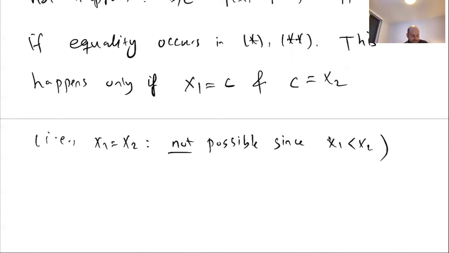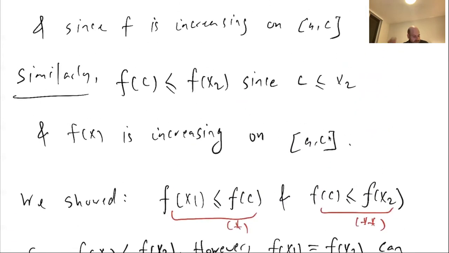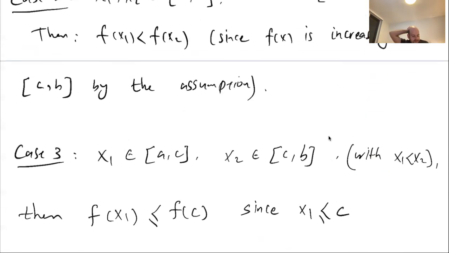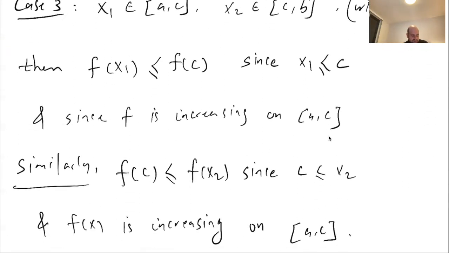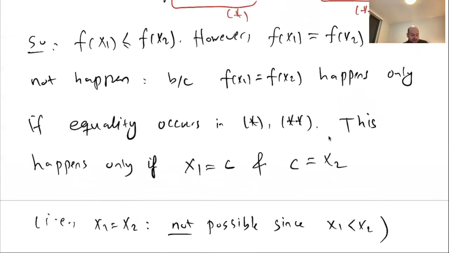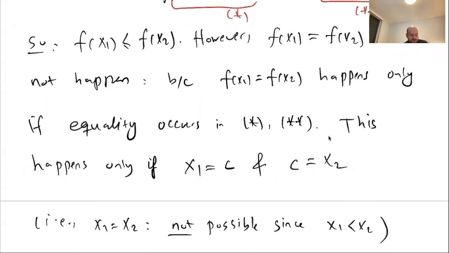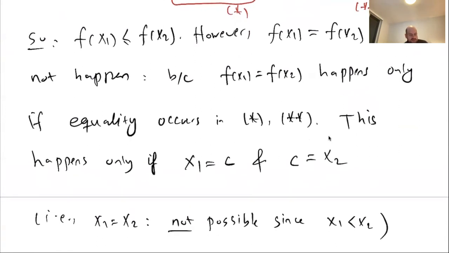All right, I was assuming in the beginning of the problem that x1 is less than x2. So we ruled out f of x1 equals f of x2 because we saw that if f of x1 is equal to f of x2, this can happen only if c is equal to x1 and c is equal to x2, and that means x1 must be equal to x2, but I was assuming from the beginning that x1 is less than x2.